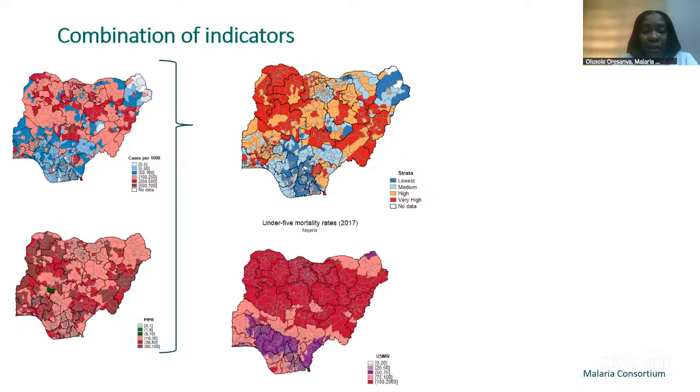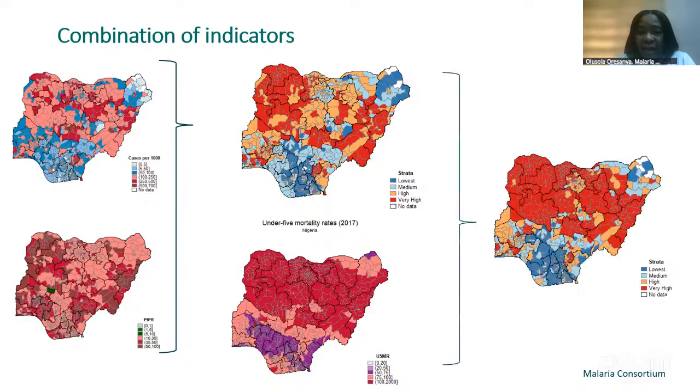And then under 5 mortality rate was also layered on that to give us the final malaria risk map for Nigeria, which is what you see on this side, that then shows the strata and tells us where the malaria risk is highest, very high, medium, and lowest. And you can see what the map shows us.